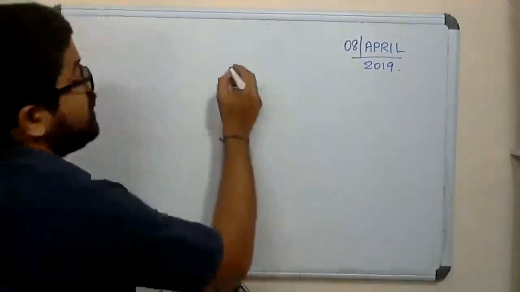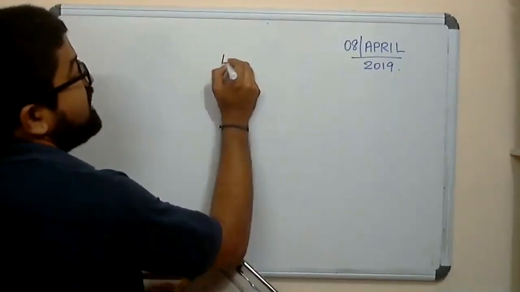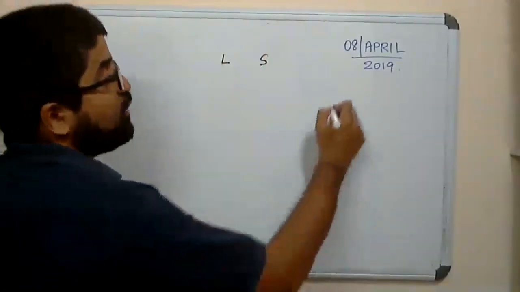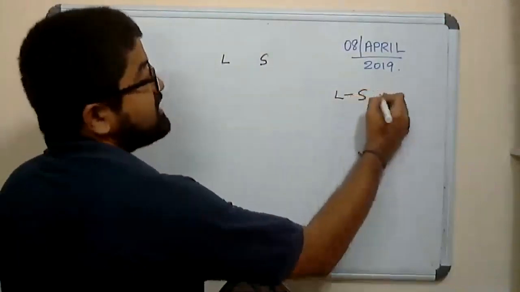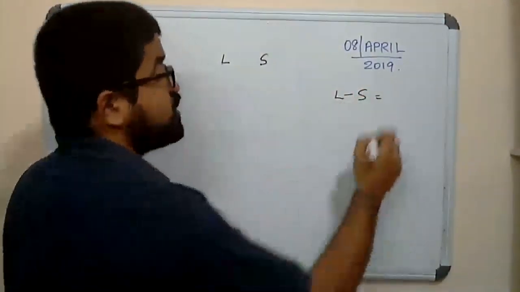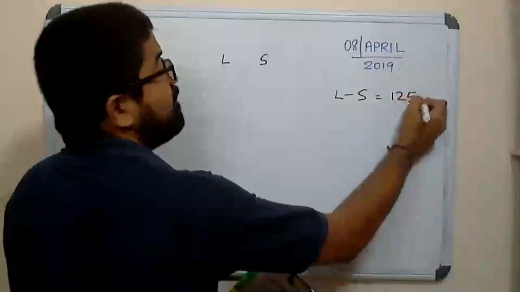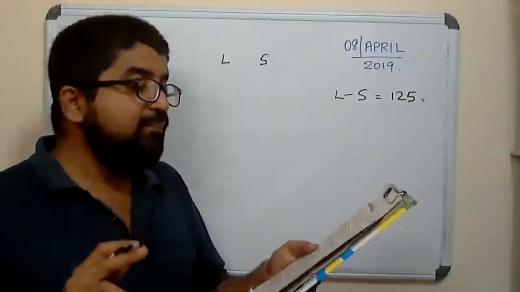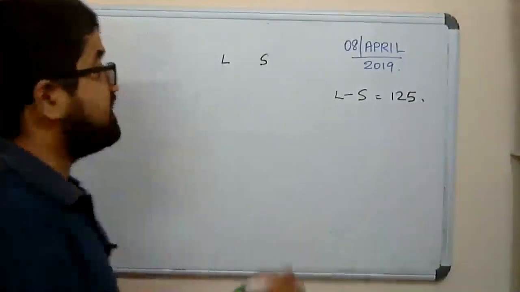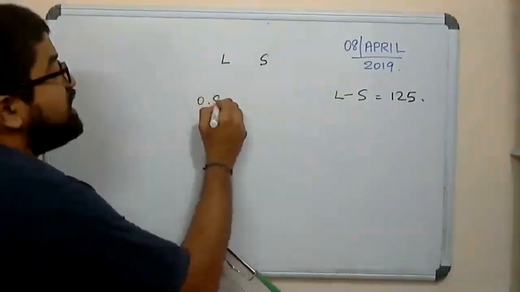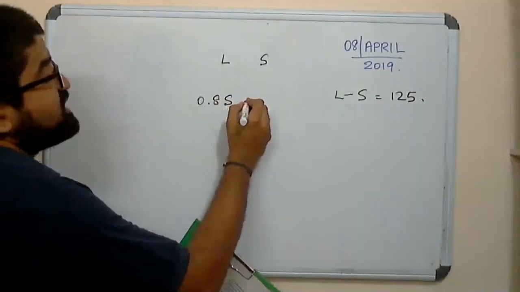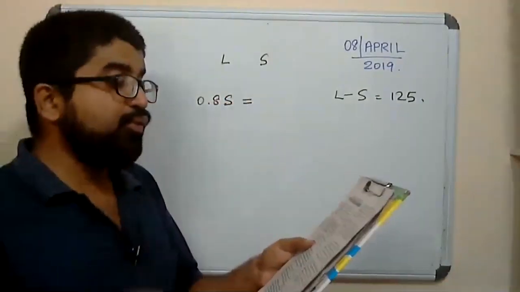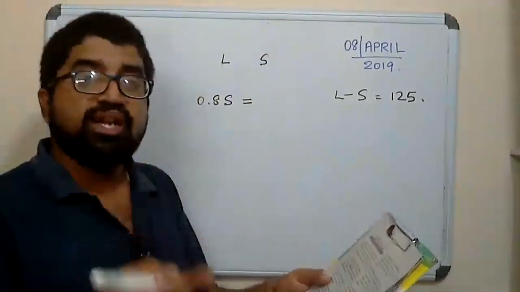The larger number is 125 greater than the smaller number. So if I assume the larger number using the letter L and the smaller number using the letter S, I can conclude that L minus S comes to 125. In the question, it is indicated that 80% of the smaller number, that is 0.8S, is 4 less than 40% of the larger number.